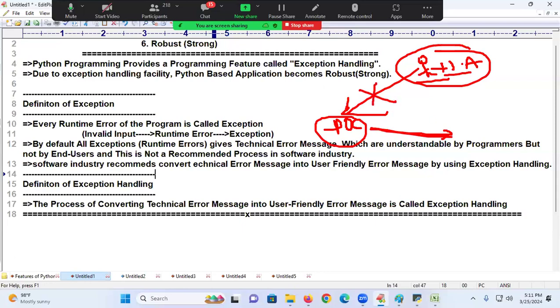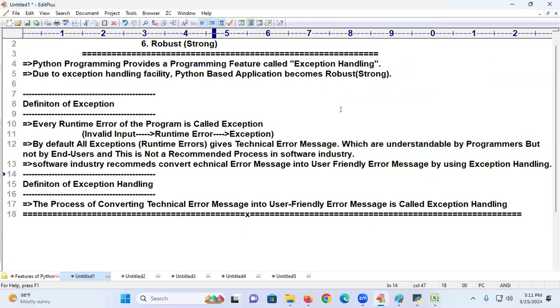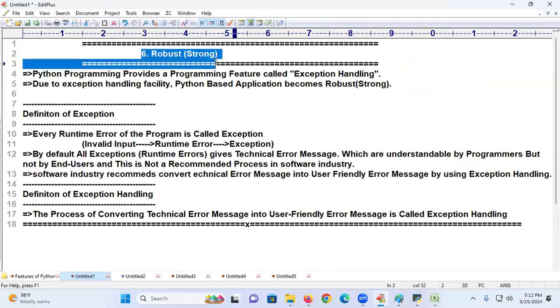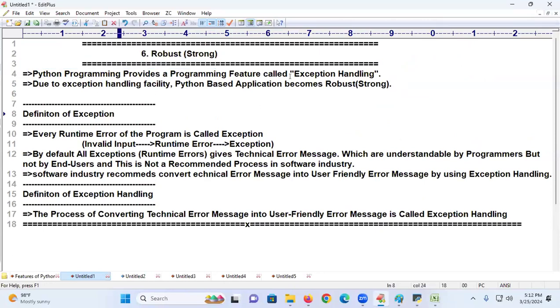Suffering with this problem and not being able to tell anybody what the problem is, is called a technical error message. He is converting that problem into user-friendly. So you must know the tablet name. If you just say, don't worry, it will go, it's not working. Are you able to follow now? I hope you understand why Python is robust, what an exception is, and what exception handling is.